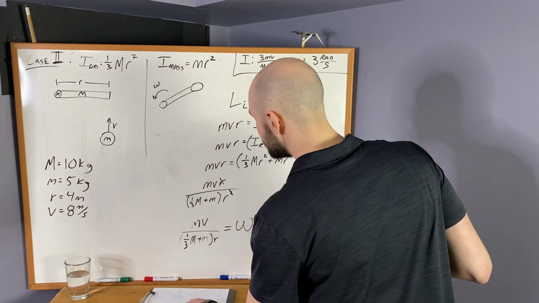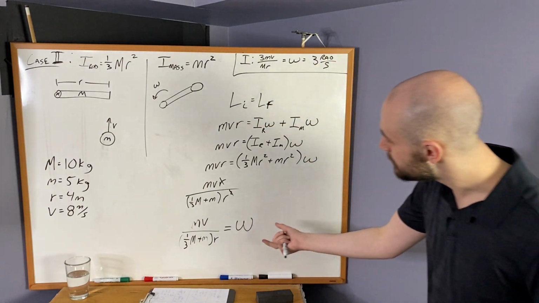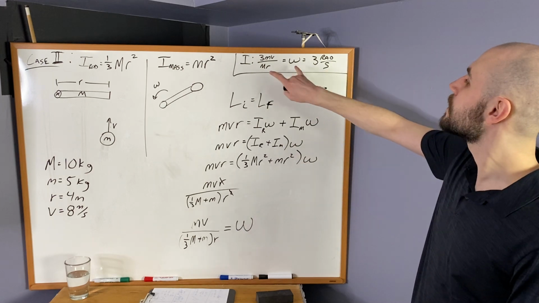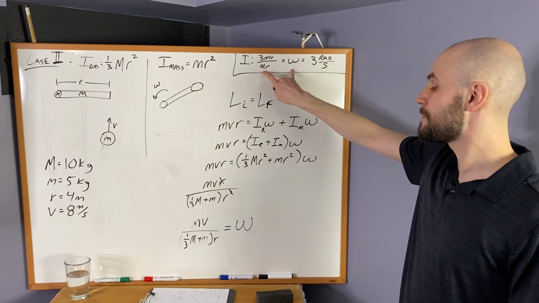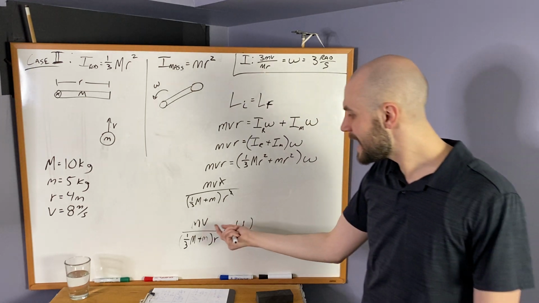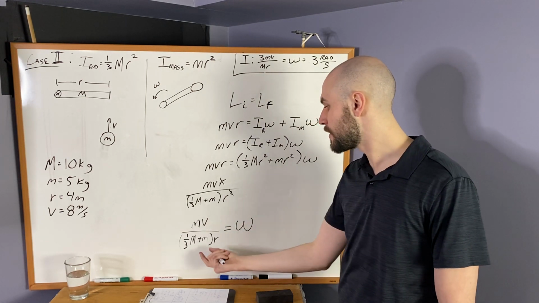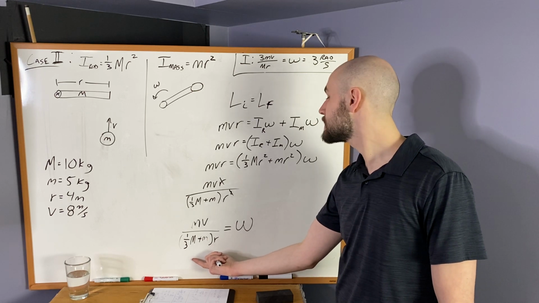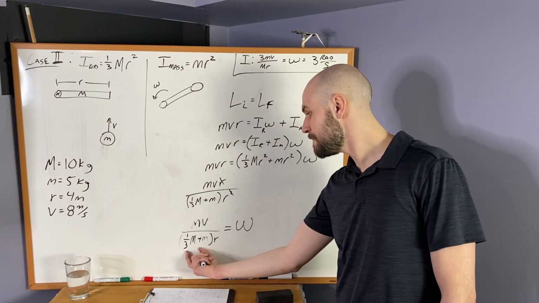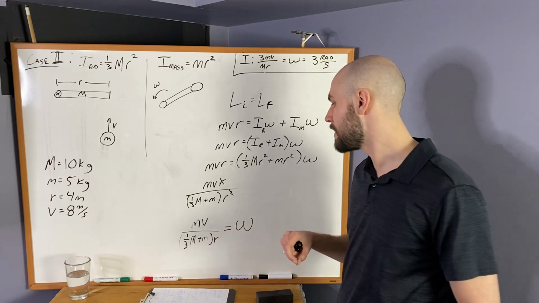Now before you plug in numbers and actually solve this out, compare this omega to our omega from case 1. For case 1 it was 3mv over capital MR. Here now we lost the factor of 3 in the numerator and our denominator expanded. It's not just m times r, it's a sum of these masses multiplied by r.